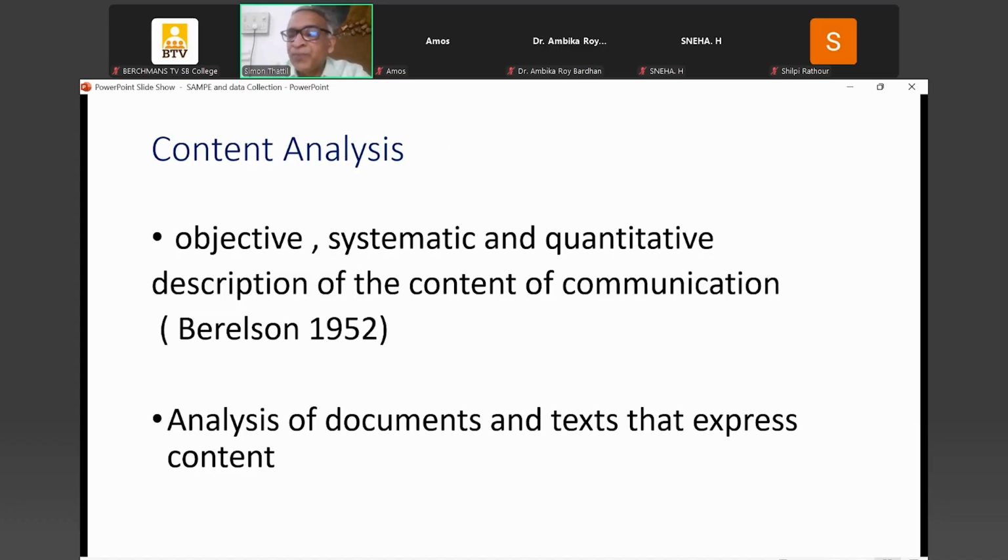Say, for example, I can do a content analysis on the National Education Policy, which was published in 2020. This document can have maybe 1,000+ pages, and I'm trying to find out through my research how much importance is given to interdisciplinary research.